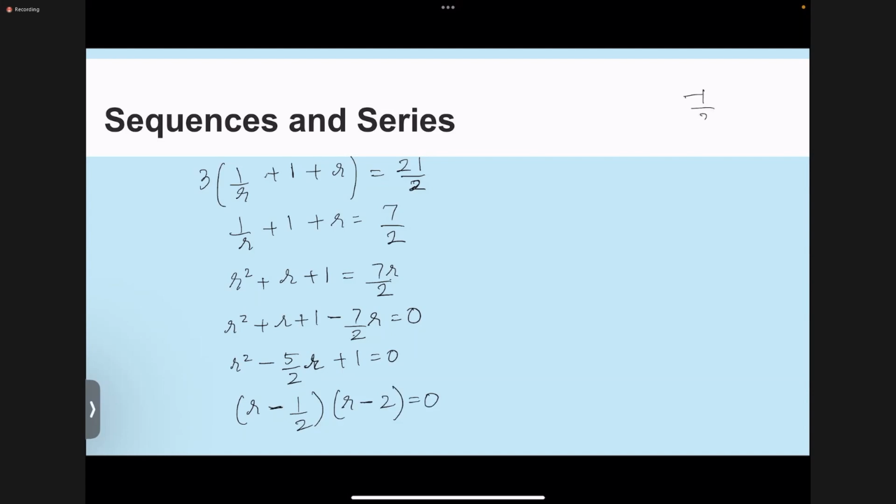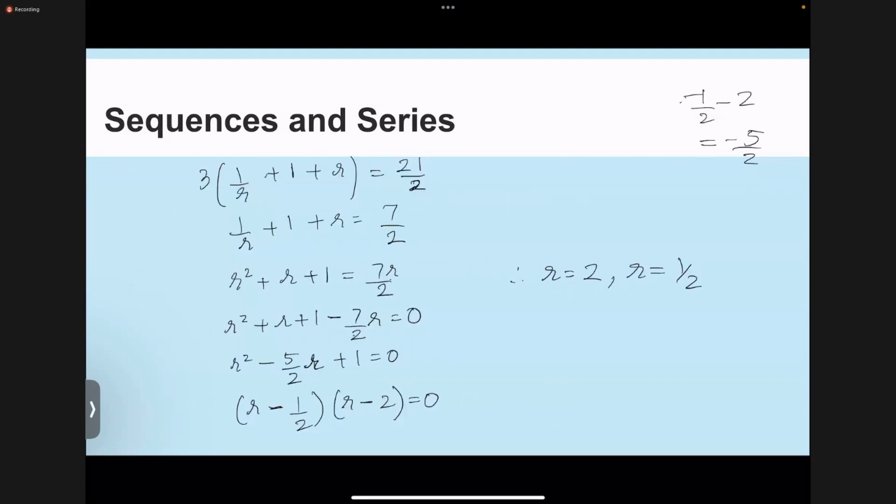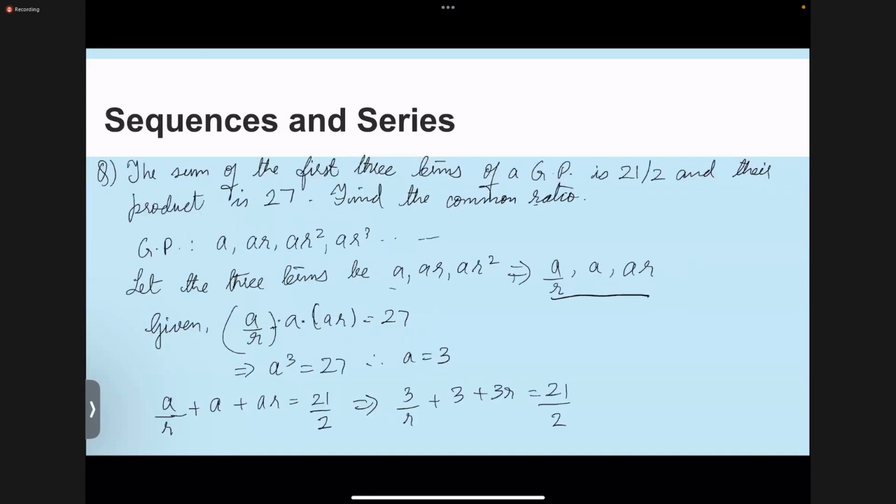Because if you add minus half and minus 2, you will get minus 5 by 2, and the product of this is also going to be 1. Okay, so therefore this is what you have. So your R can either be 2 or R can be half. Okay, so with both of these common ratios, you can get your GP which fulfills your given condition.